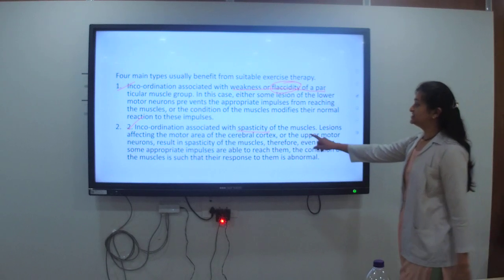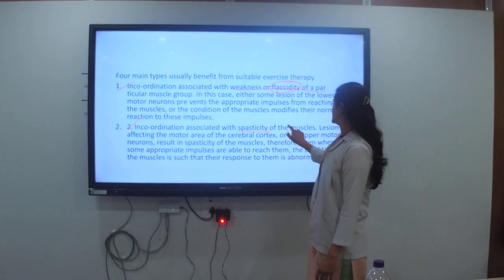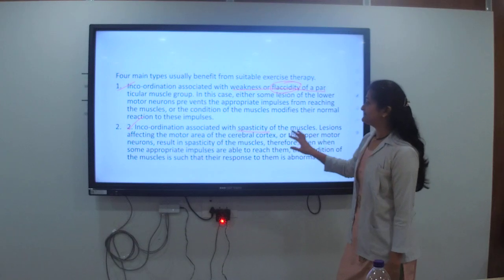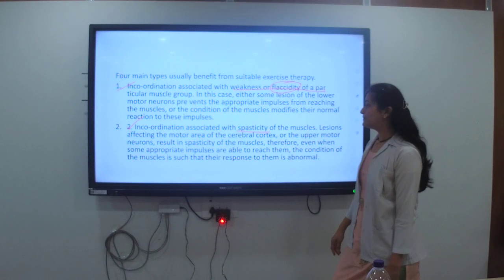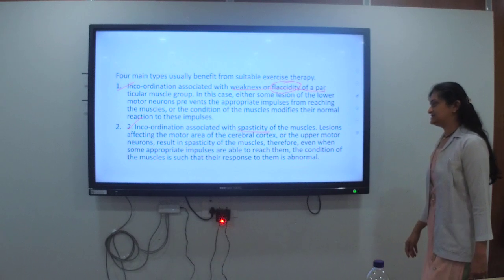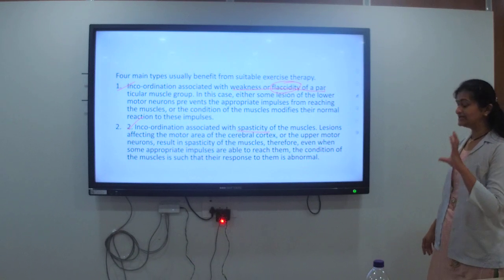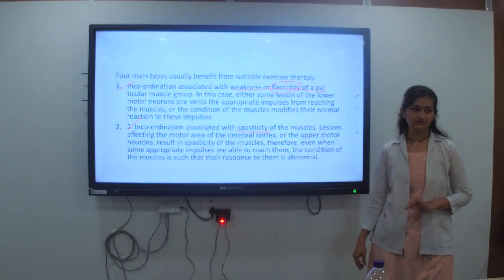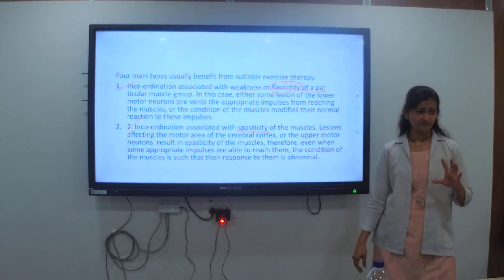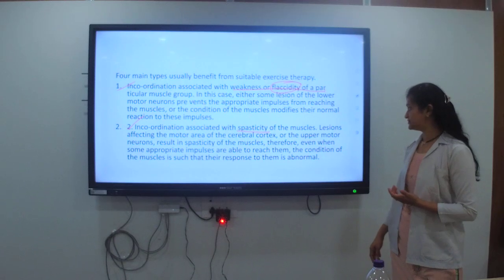Incoordination associated with spasticity of the muscles: lesions affecting the motor area of the cerebral cortex or the upper motor neurons result in spasticity of the muscle. Whenever there is any upper motor neuron lesion, you will see spasticity in the muscles, that is, an increase in muscle tone.